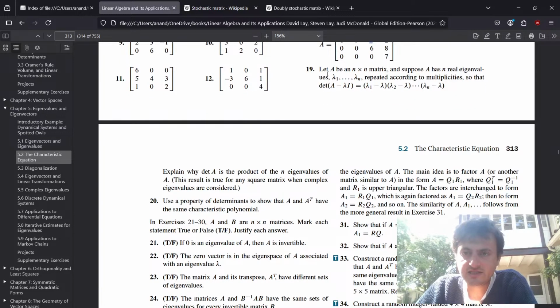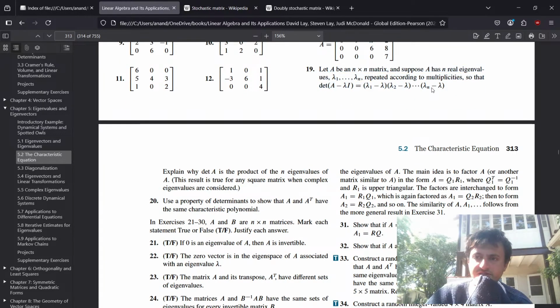All right, 19. Let A be an n by n matrix and suppose that A has n real eigenvalues repeated according to their multiplicity. Explain why the determinant of A is the product of the n eigenvalues. Yeah, we'll do that. I don't know.